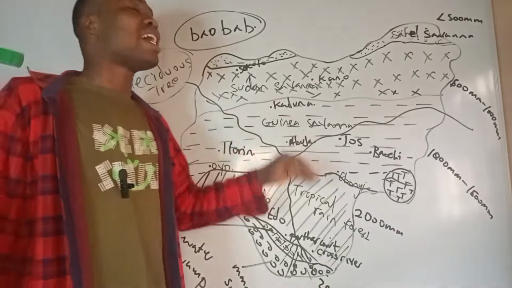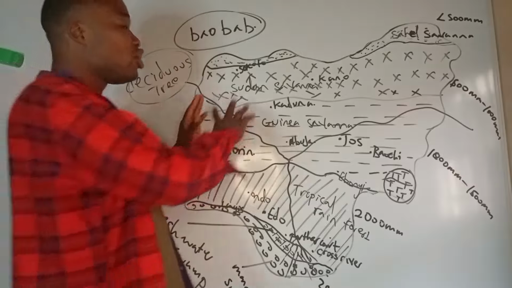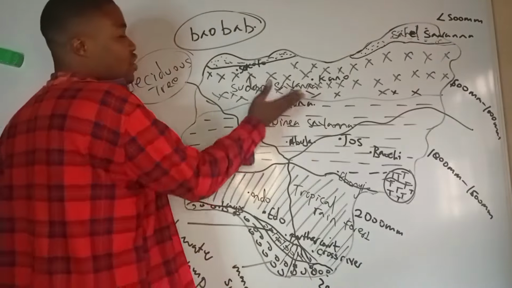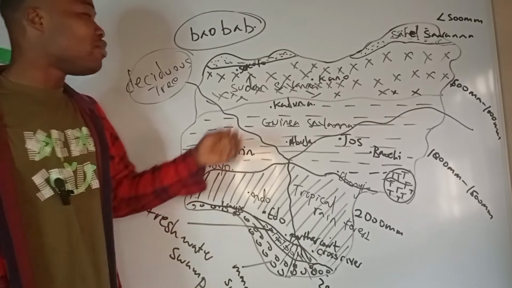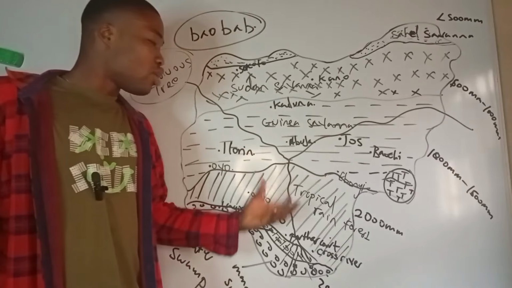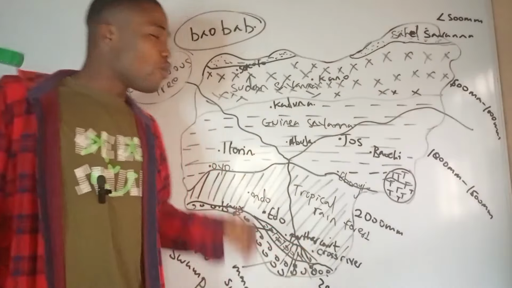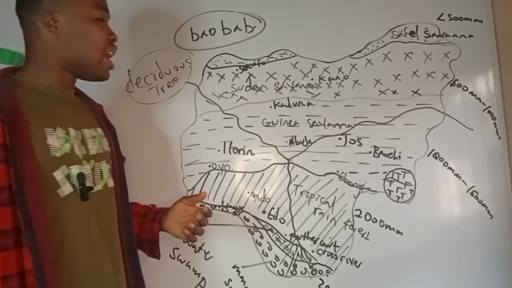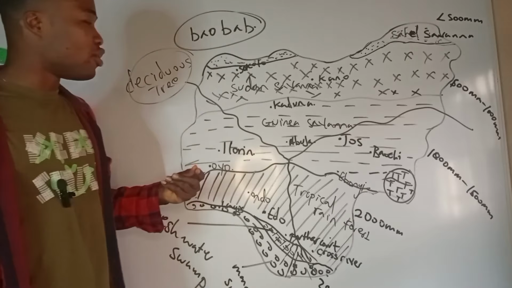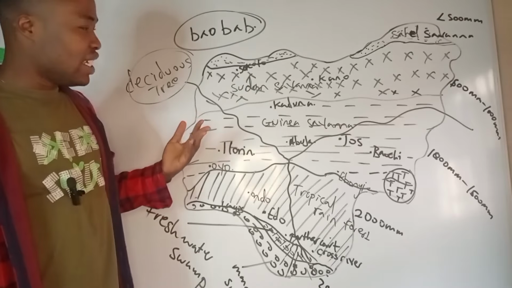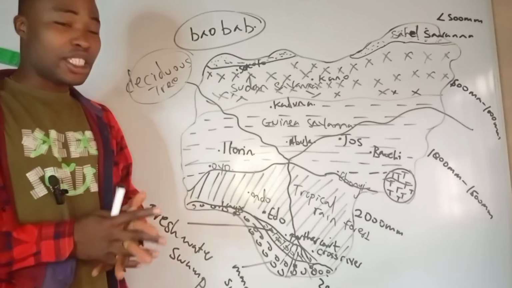But as you go north the vegetation becomes more sparse. Now, it is relatively hotter than the tropical rainforest and has less rainfall, which we already established. We've talked about the states where you can find this vegetation, and it is the largest vegetation in Nigeria.